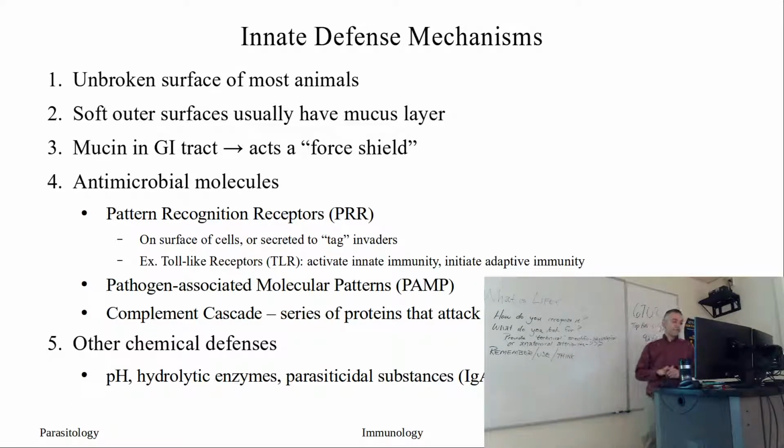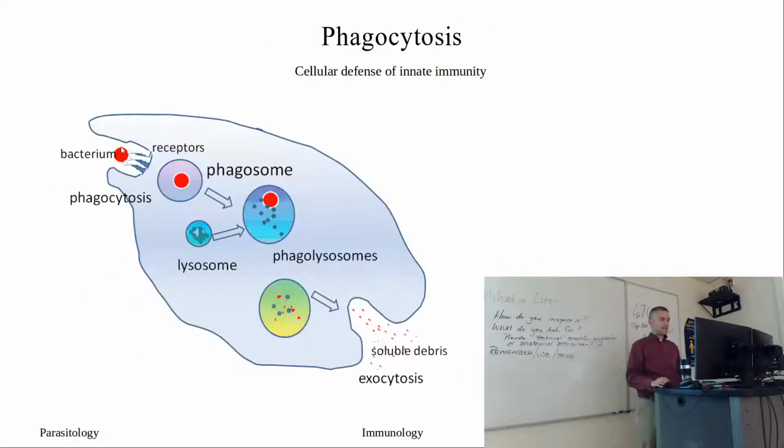So Trichomonas vaginalis, this flagellate parasite that we'll learn about in the other flagellate section, lives in the reproductive tract, and the vagina is not conducive for it. So when it gets in there, it actually adjusts the pH so that it is much more habitable. So pH is an innate chemical defense.